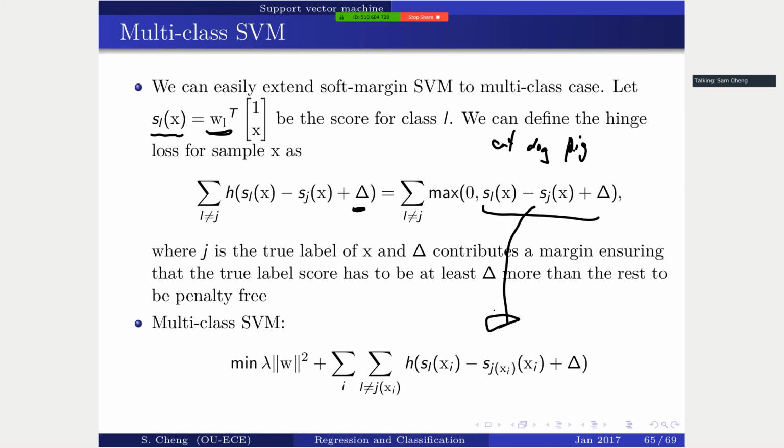So basically, for each sample, I look at each of the possible classes and see whether the ground truth score is bigger than all the rest plus some margin. If it is, then the cost for those will be 0. Otherwise, that will have a positive cost.